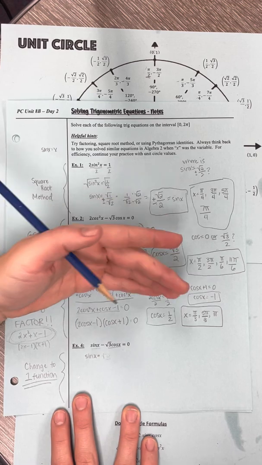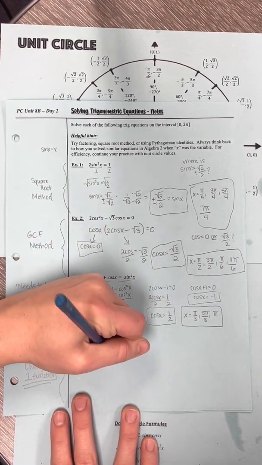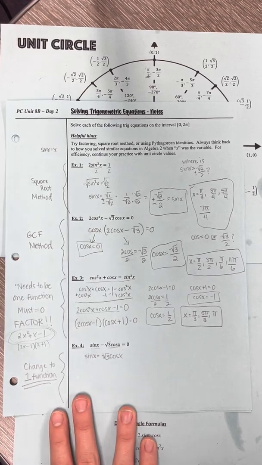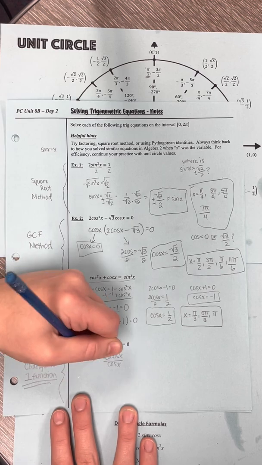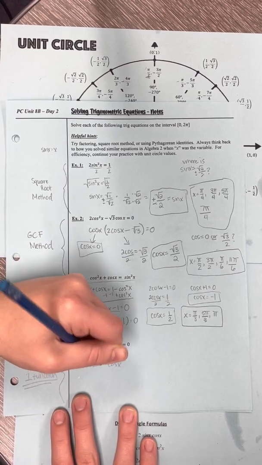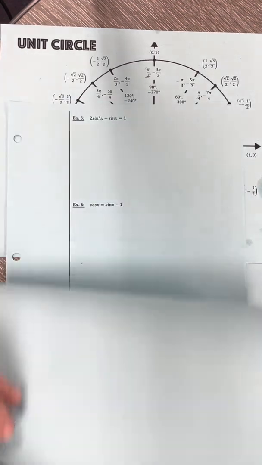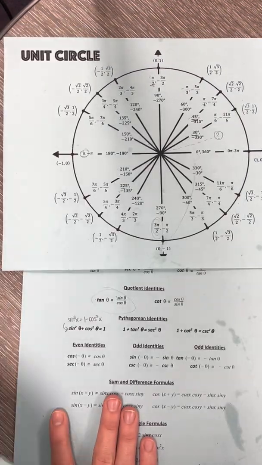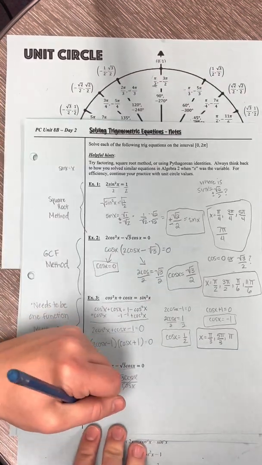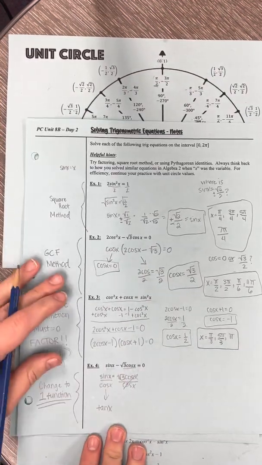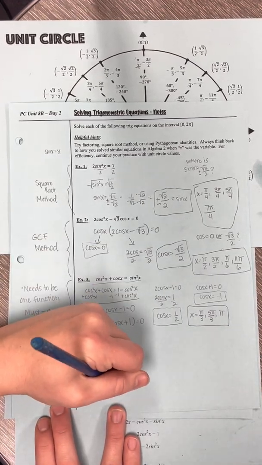And yes, we will end up putting this back, but just follow along with me. So we're actually going to divide by cosine. So we end up with sine over cosine, which is tangent, is equal to the square root of 3.